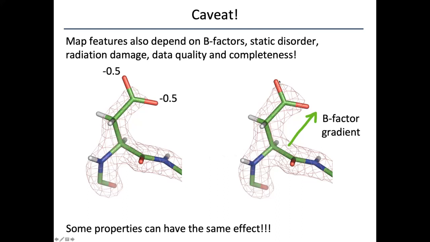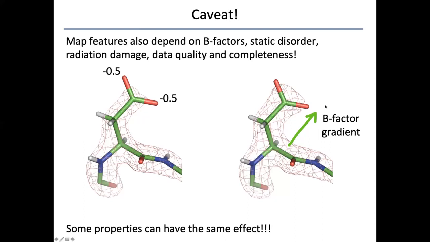Here the oxygen atoms are neutral, but I apply a B factor gradient. Instead of having a B factor of 20 angstrom squared for each atom, I have 20 at the C alpha, 25 at the C beta, 30 at the C gamma, and 35 at the oxygens.